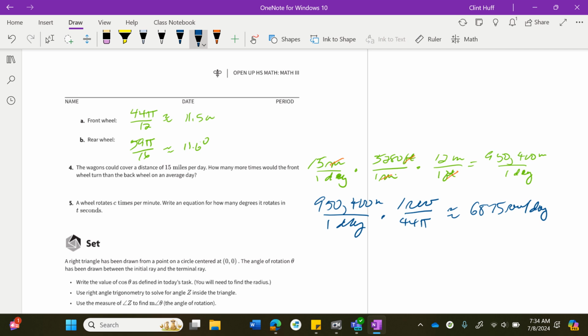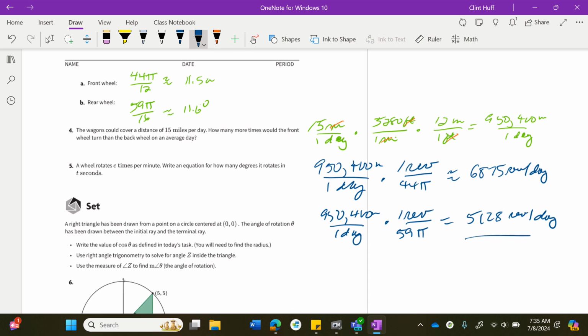So on the back wheel, it will be the same 950,400 inches per 1 day, times 1 revolution every 59 pi, because that's the circumference of that wheel, and that would give you approximately 5,128 revolutions per day. And if you take the difference in these two numbers, it's approximately 1,747 revolutions per day.